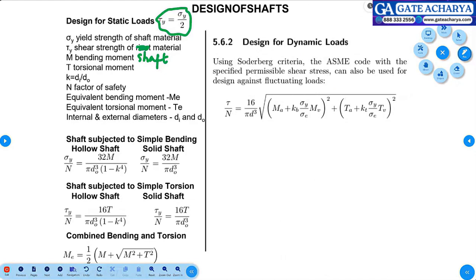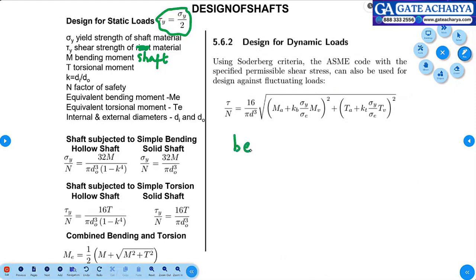What do you mean by equivalent bending moment? See, this equivalent bending moment is a bending moment which will create the same bending stress when acting alone as that created when acted on by a bending moment M and torsional moment T. So I'll write it here.